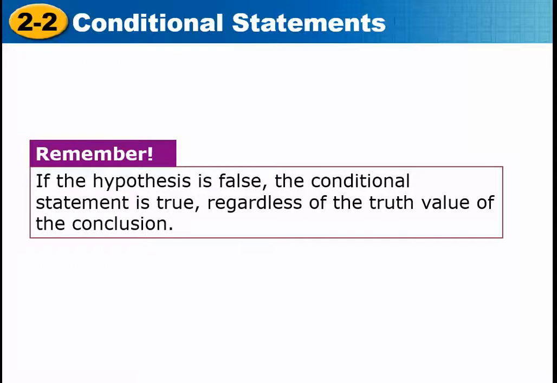Remember, if the hypothesis is false, the conditional statement is true regardless of how much sense the conclusion makes. It can be the most bizarre thing in the world. You can say, if -1 is positive, then pigs fly.